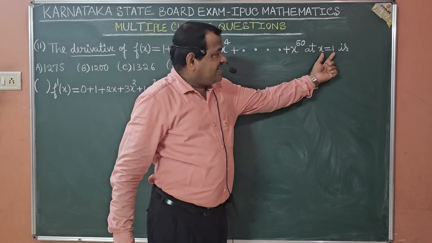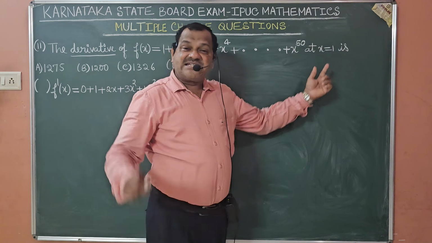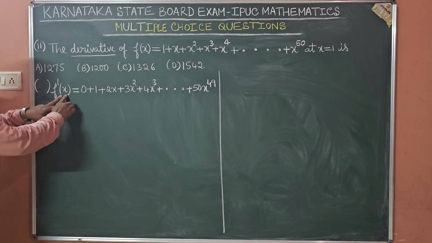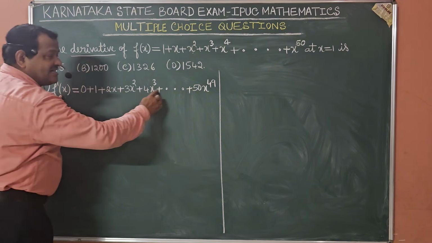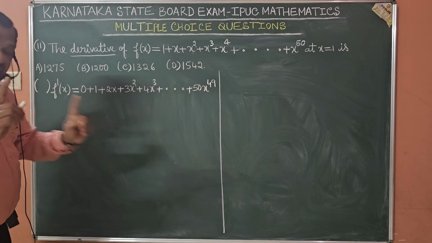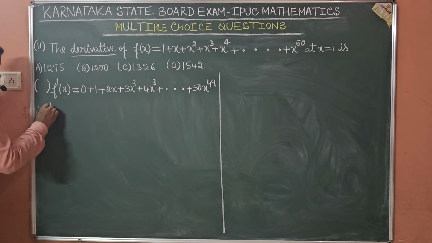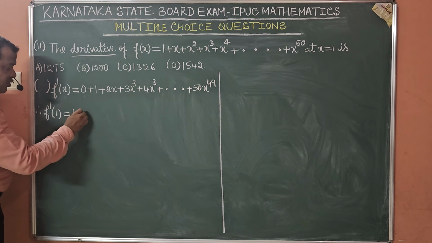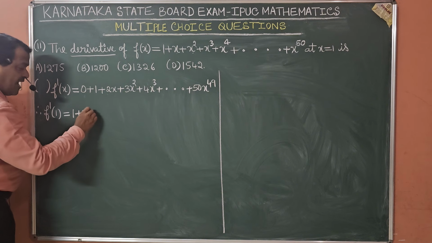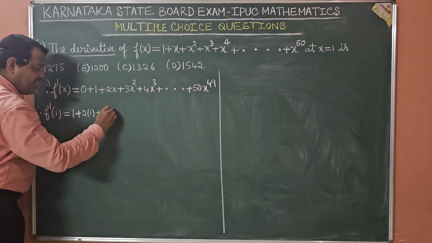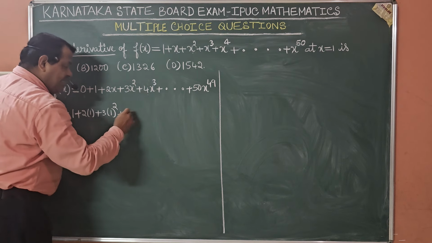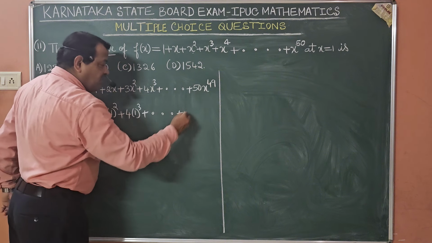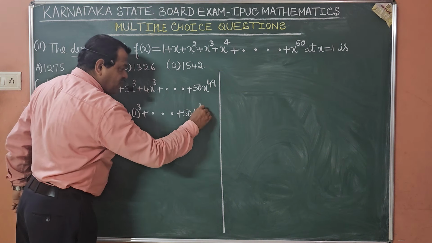Now they have said find f dash x at x equal to 1. The meaning is, wherever there is x on the left hand side as well as on the right hand side, put x equal to 1. Therefore I will get f dash of 1 is equal to 0, you ignore, but don't ignore 1. 1 plus 2 into 1 plus 3 into 1 square plus 4 into 1 cube and so on, plus 50 into 1 power 49.